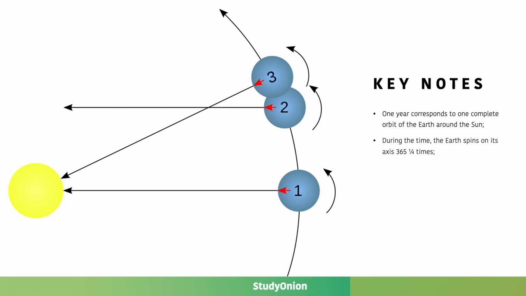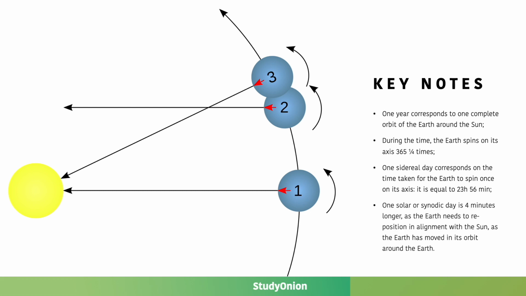During this time, the Earth spins on its axis 365.25 times, and one sidereal day corresponds to the time taken for the Earth to spin once on its axis, which is equal to 23 hours and 56 minutes. One solar or synodic day is 4 minutes longer at 24 hours and 0 minutes.